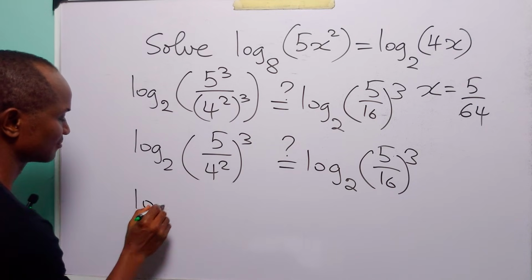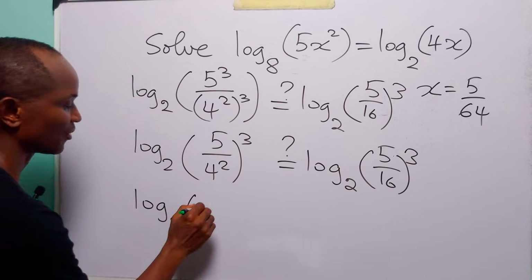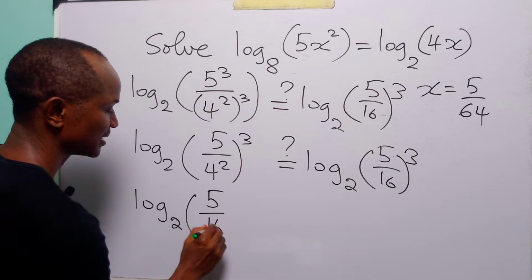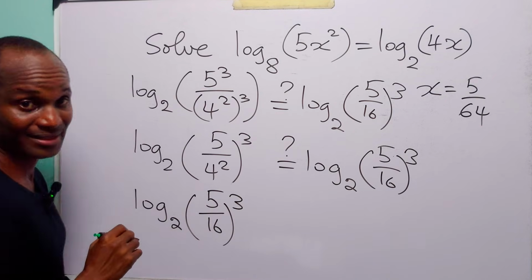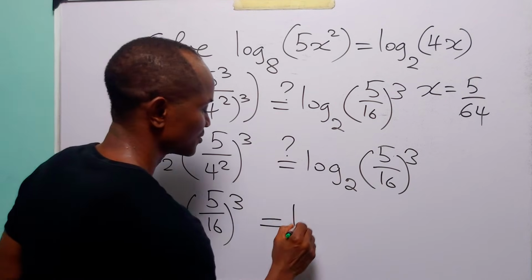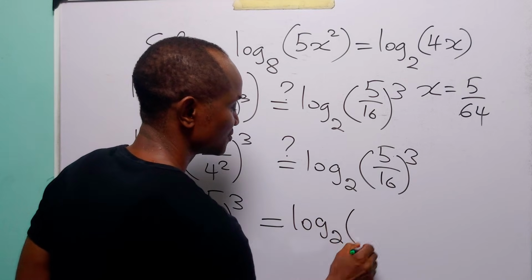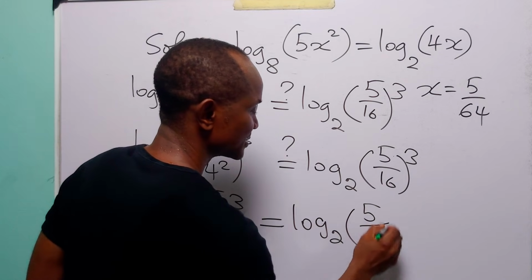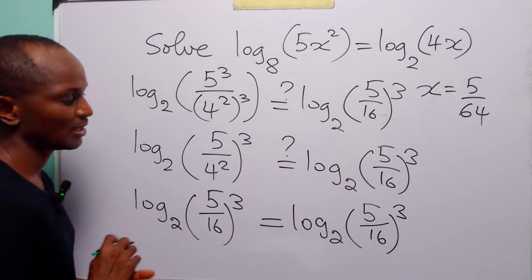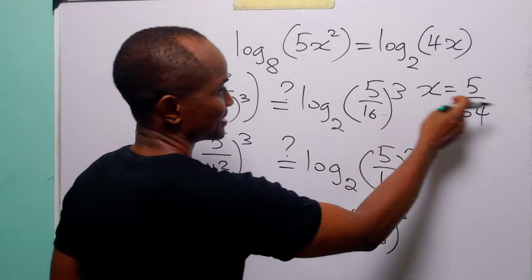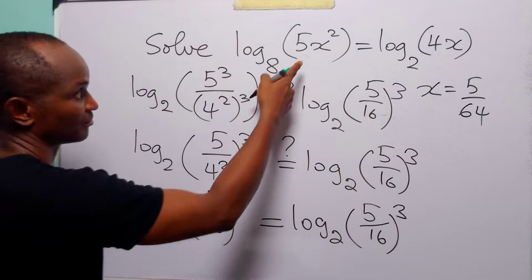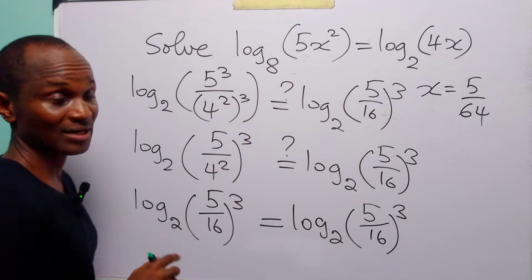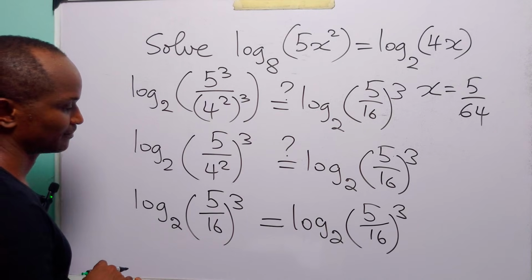So we have that log to base 2 of 5 over 16 to the power 3 is equal to log to base 2 of 5 over 16 to the power 3. So when x is equal to 5 over 64, the left-hand side is equal to the right-hand side.